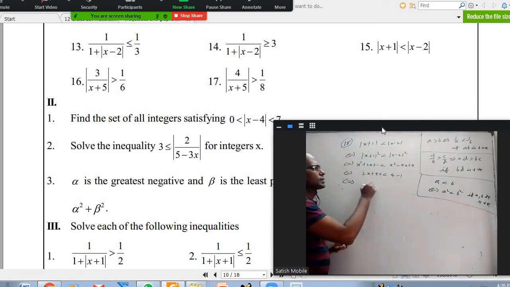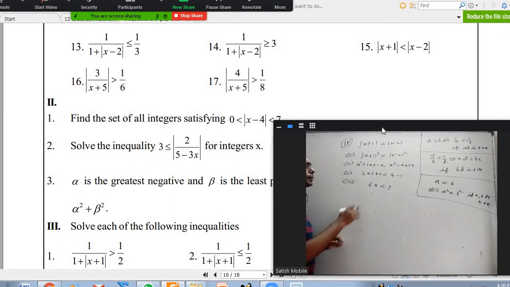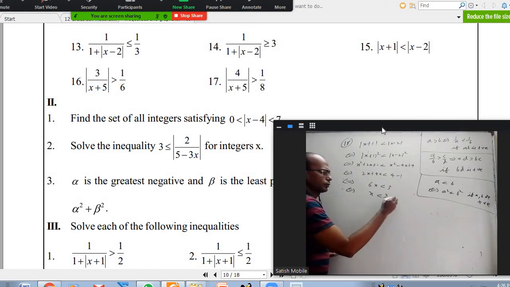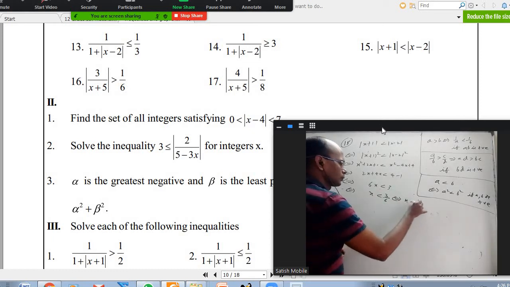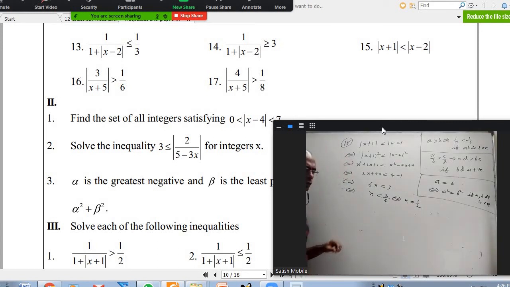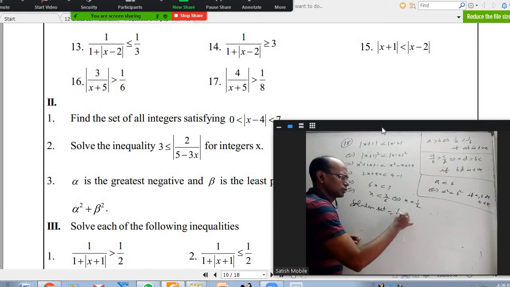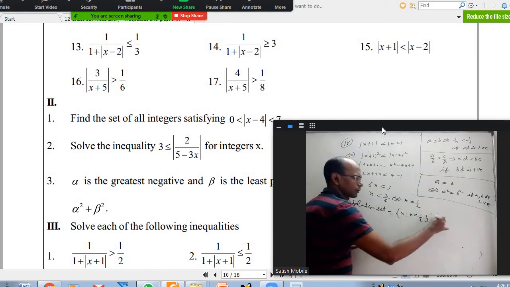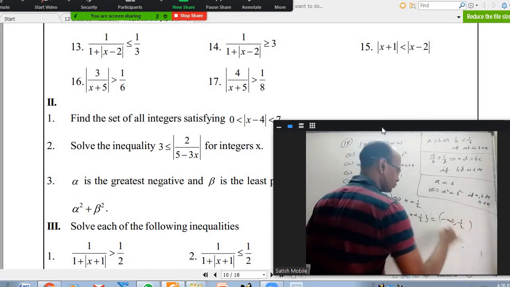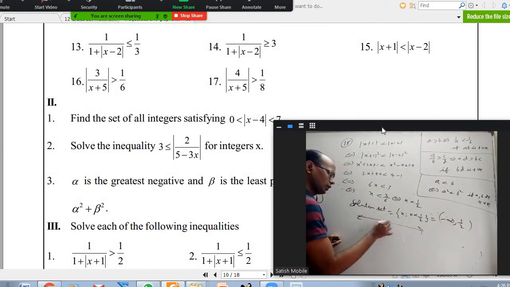Okay, 6x less than 3, and x less than 3 by 6, which is 1 by 2. So everything less than 1 by 2. So the solution set: x such that x less than 1 by 2, minus infinity to 1 by 2 open. So on the number line, everything before 1 by 2.